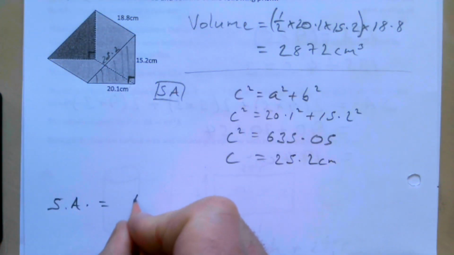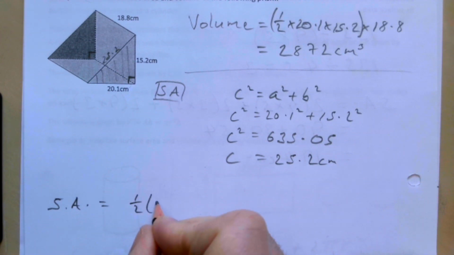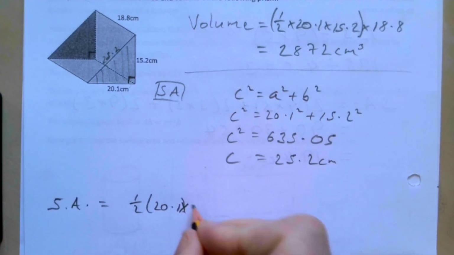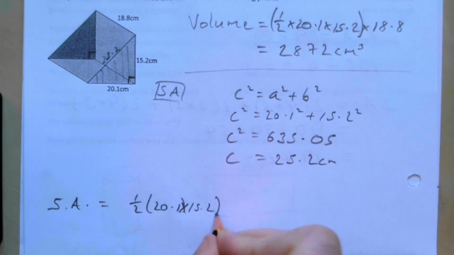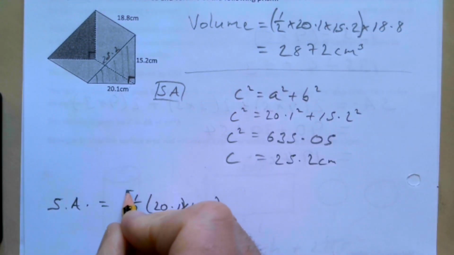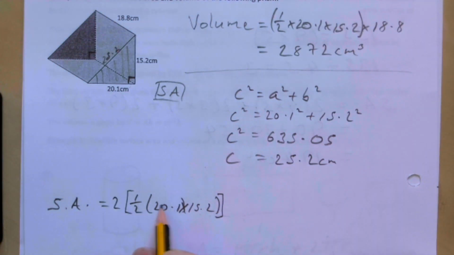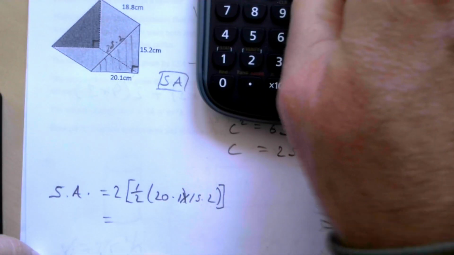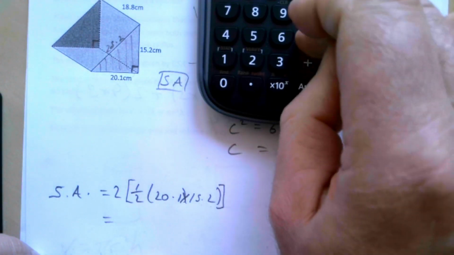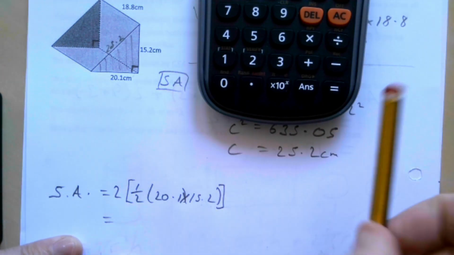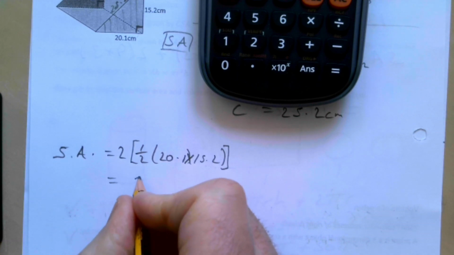So it's going to be half 20.1 multiplied by 15.2, but of course then there's two of those. Now if you divide by 2 and then times by 2, you just get the same thing, so that sum shouldn't be too bad. If we just do 20.1 multiplied by 15.2, we end up with 305.52.